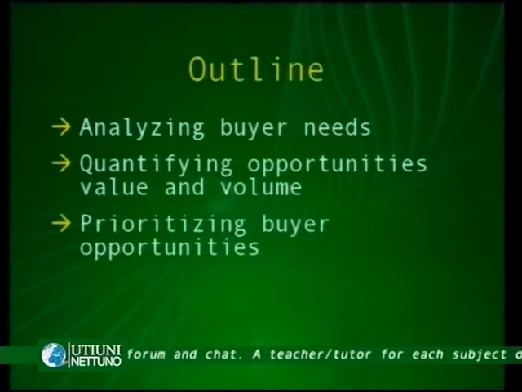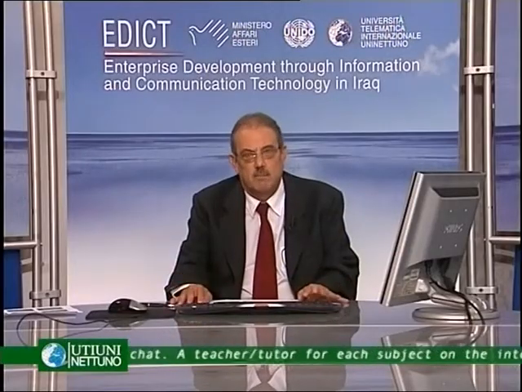As we said in the previous session, very important that we do not just shoot in the air. We don't just run around and just try and find opportunities wherever we see something that may look like an opportunity. We must be very focused.